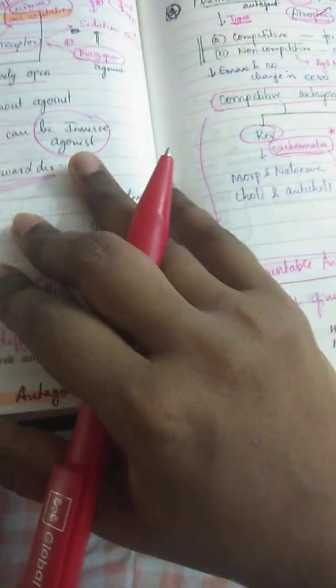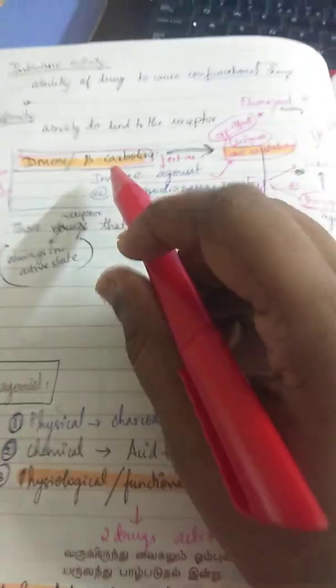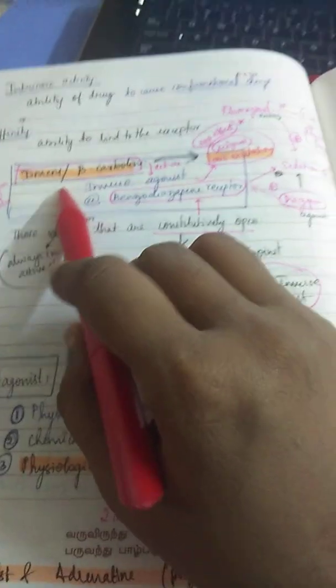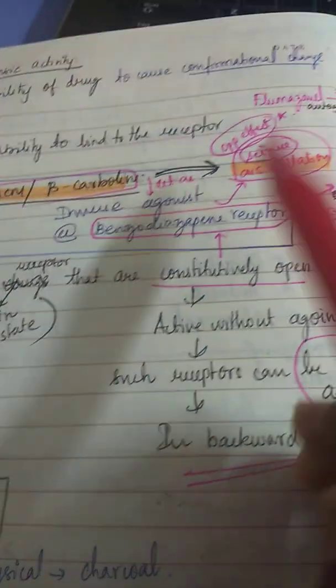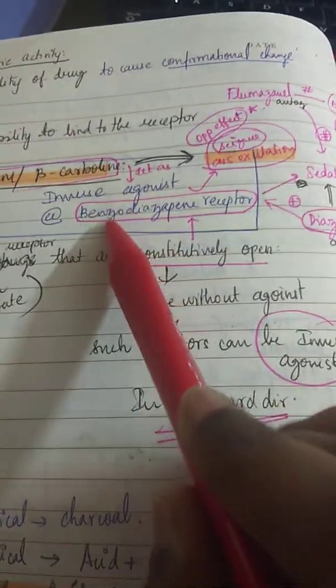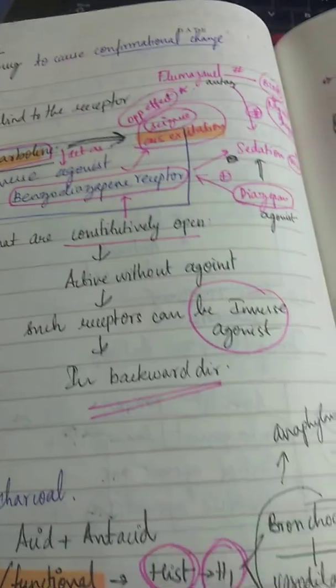An example of an inverse agonist is DMCM or beta carboline. DMCM and beta carboline are inverse agonists on the benzodiazepine receptor.